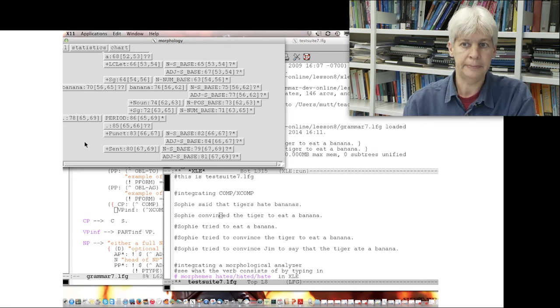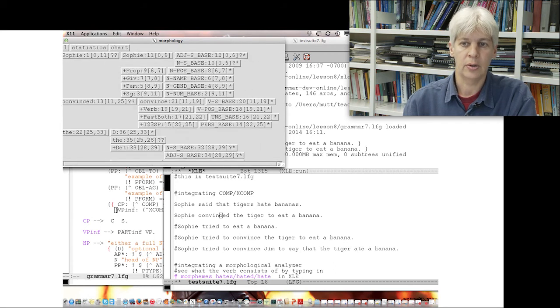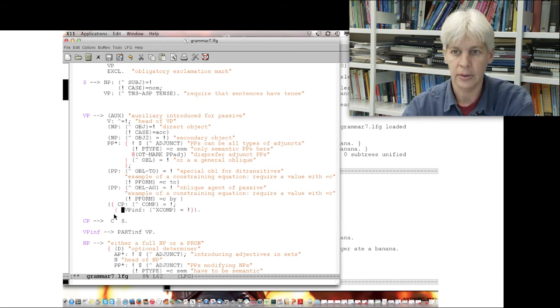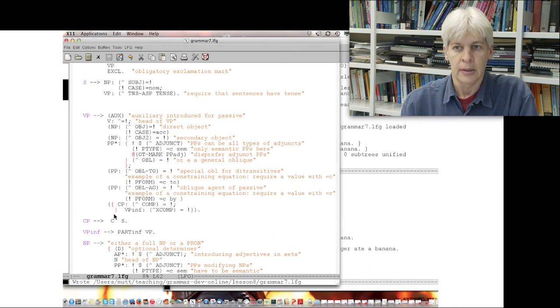That's not the problem. The problem seems to be that we can't build a rule for it. But I told it to have VP infinitive here. But if I look at this rule closely, I started a disjunction, but I forgot to add in the or. So let's try it with this now.